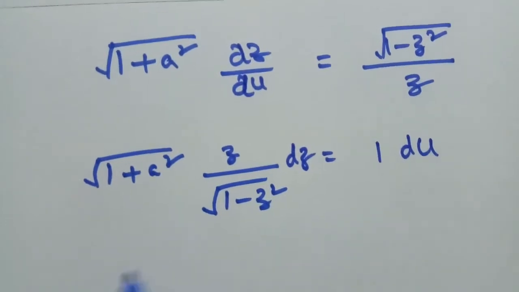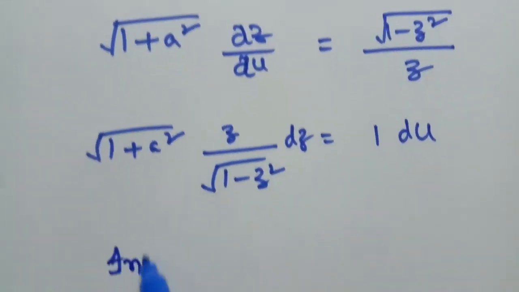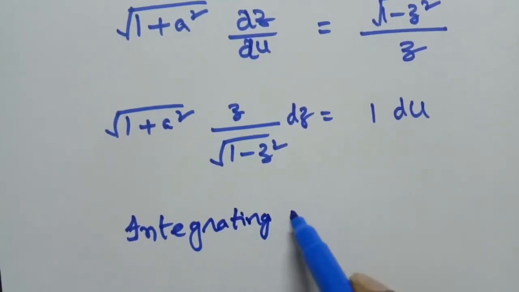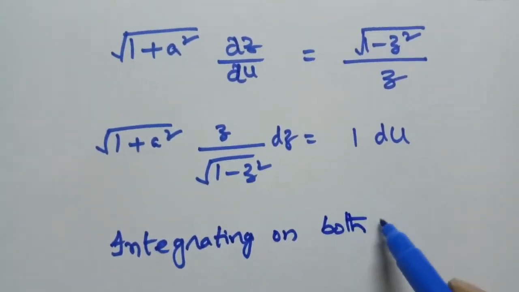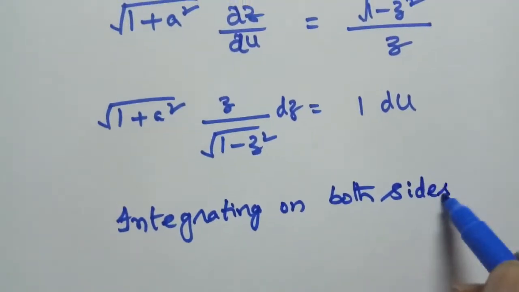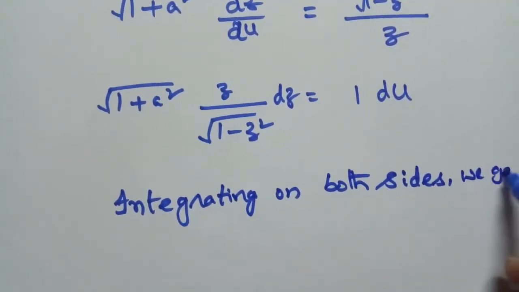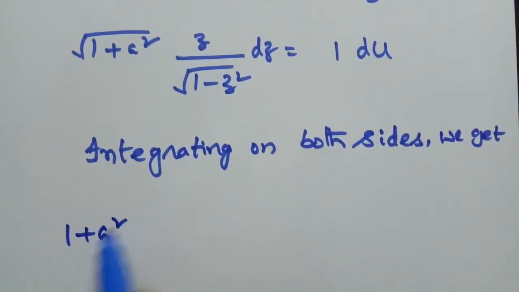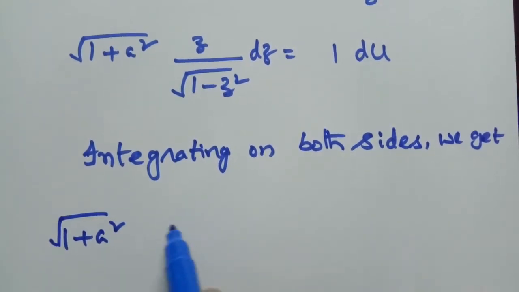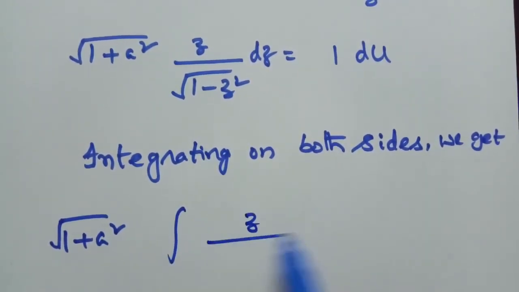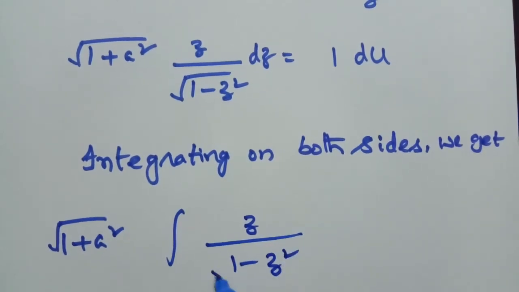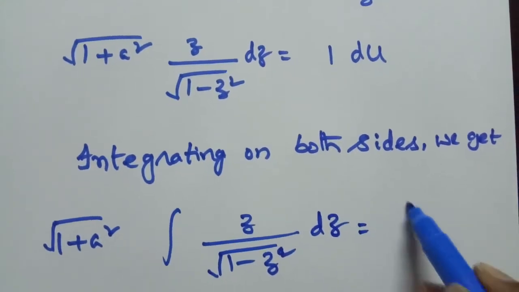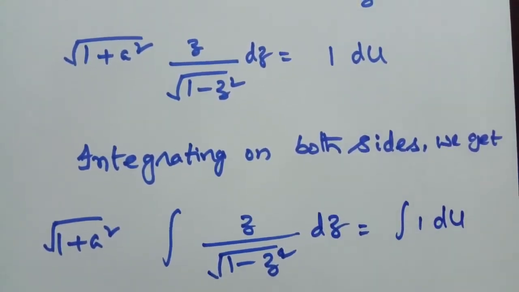Therefore, integrating on both sides, we get square root of 1 plus a square is a constant, integration of z by square root of 1 minus z square into dz is equal to integration of 1 du.